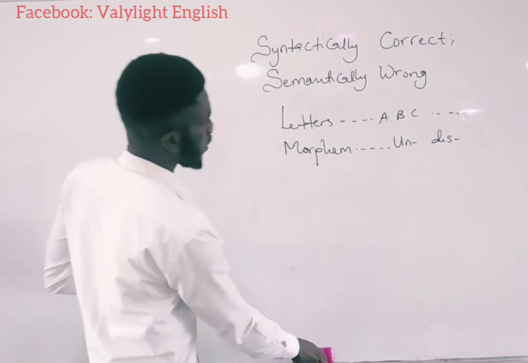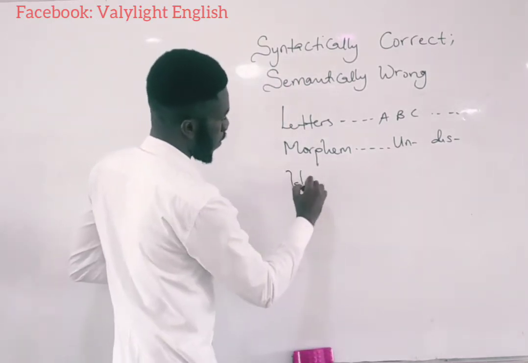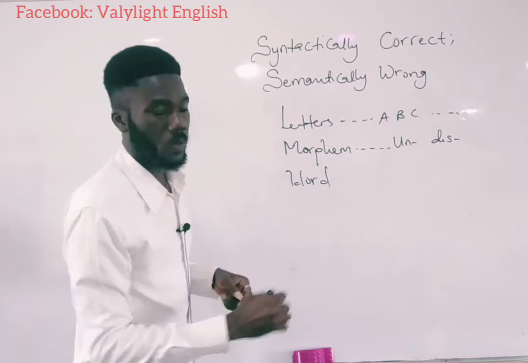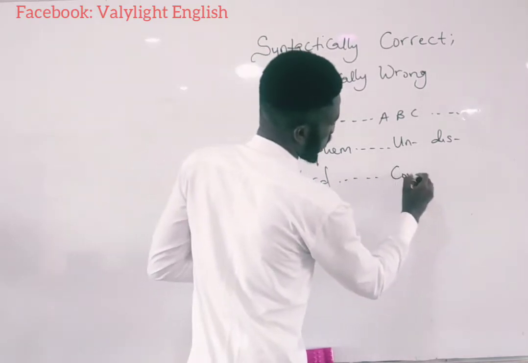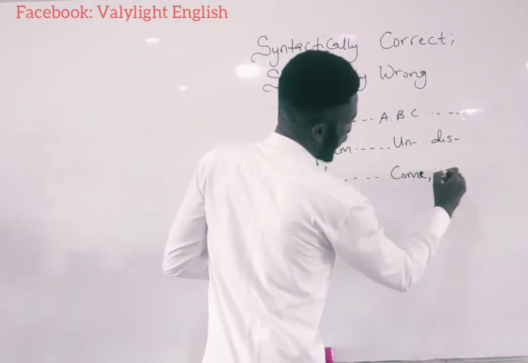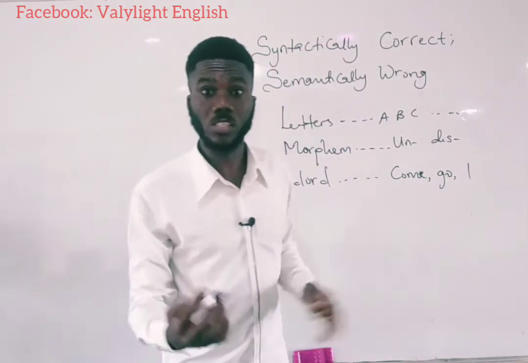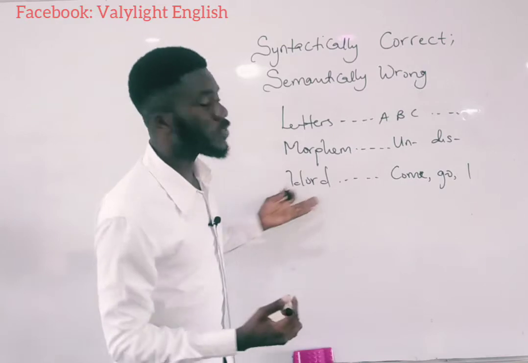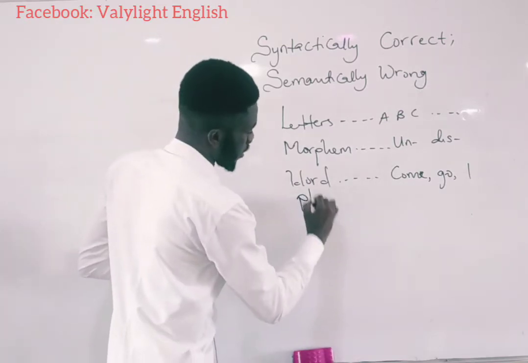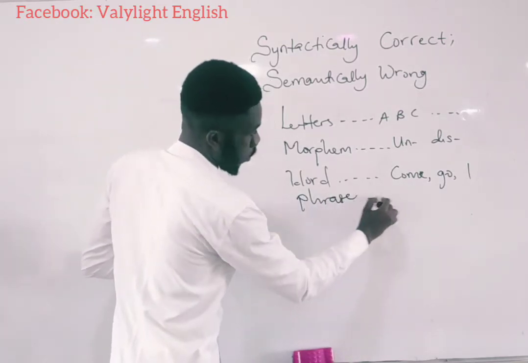Now, after the morpheme, you have the words. Words such as come, go, I, and the rest of them. Every single word that you know in the English language is there. Now, after the word, you have the phrase. You know what the phrase is?